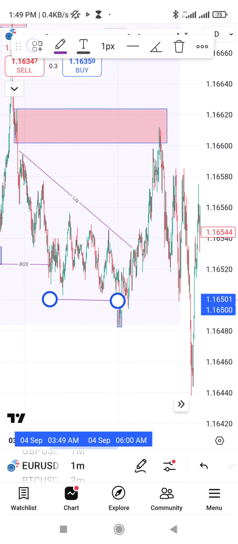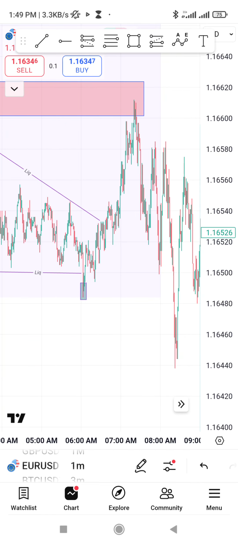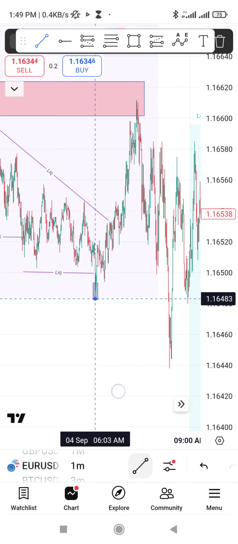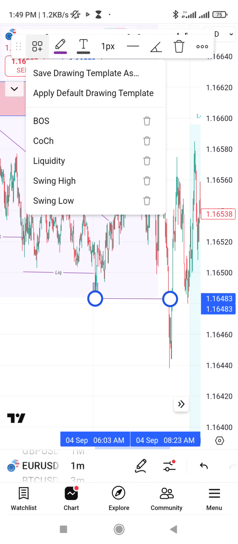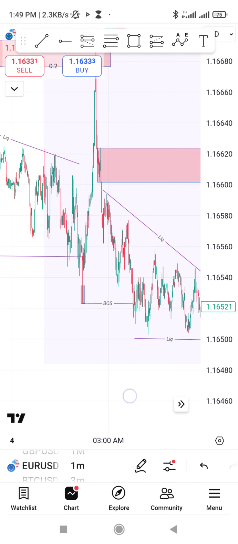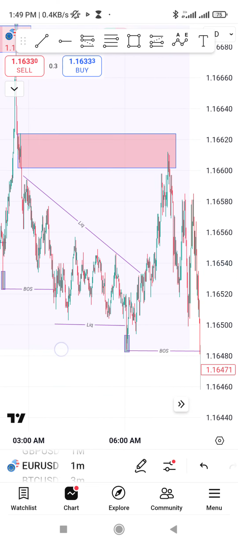So let me change it to liquidity, because I like my chart being very informative, so that whenever I look at it, I know exactly what I need to do. This OB led to another break of structure, inducing the previous inducement, which is this. Remember, the inducement of the day so far is still this bearish inducement over here, right? So that's the leading inducement.